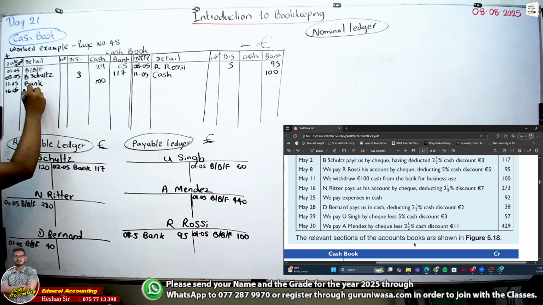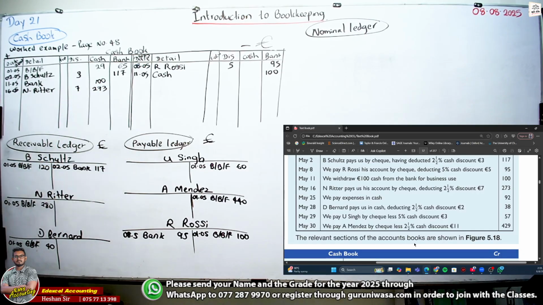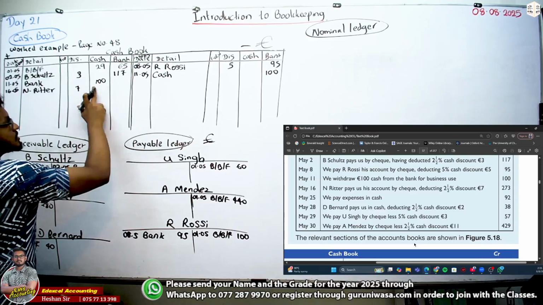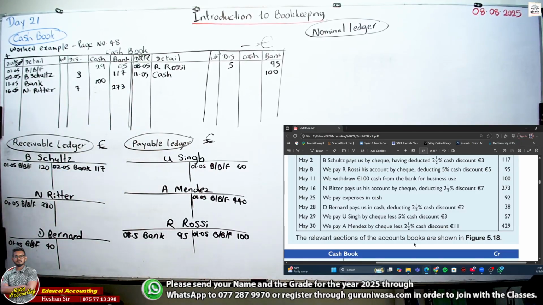The discount we allow is 7. In here, 273. We receive a check, so in here we write 270. So 16th of May, bank 273; the discount column we record at the end.